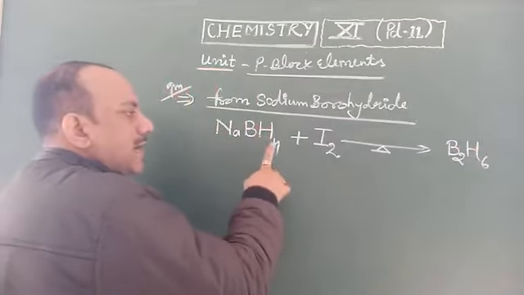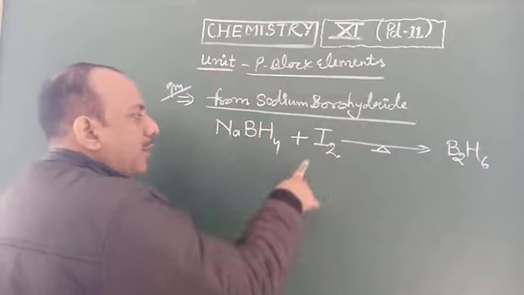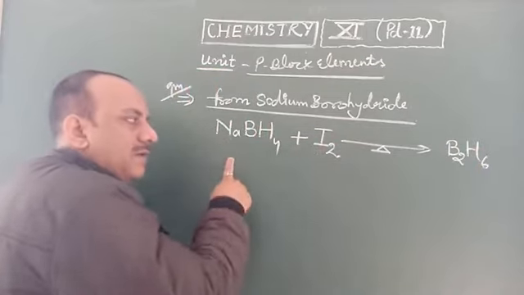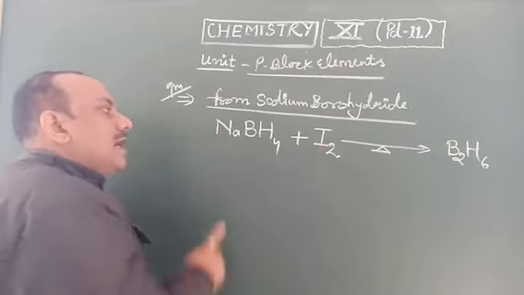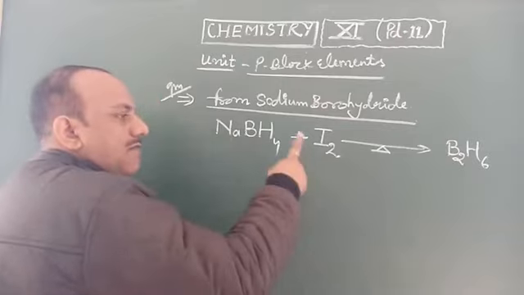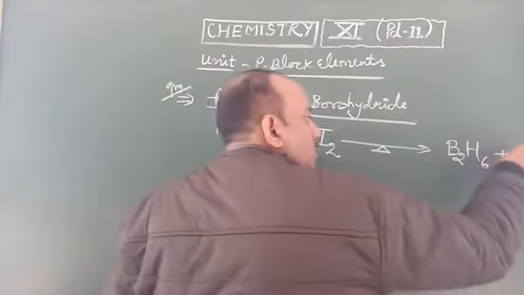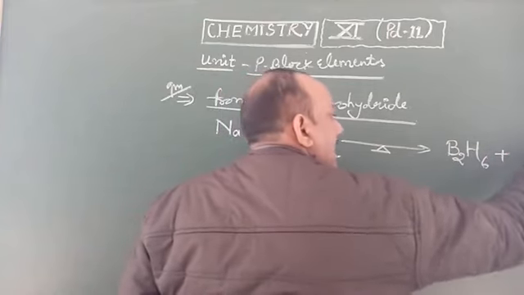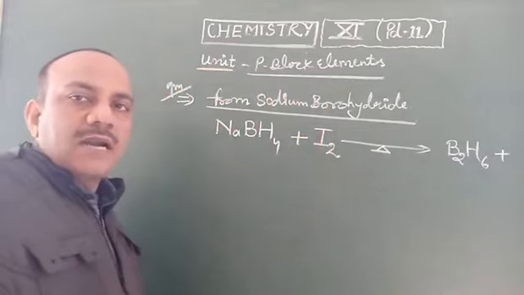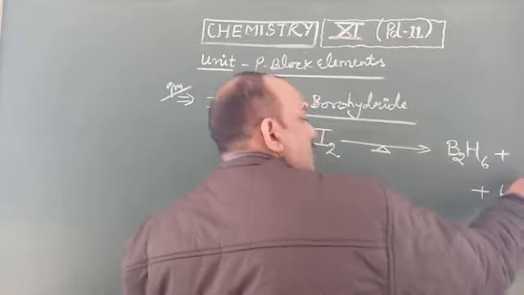Boron reacts with hydrogen to form diborane, and sodium reacts with iodine because sodium is an alkali metal. Its ion has a single unit positive charge, it makes a cation, and iodine belongs to the halogen group and has a single unit minus charge to form sodium iodide, NaI, and hydrogen gas, H2.